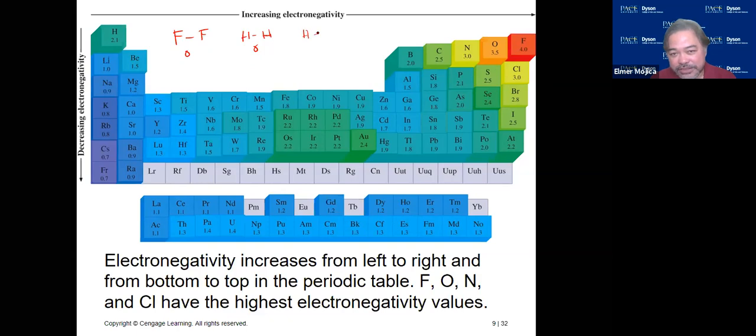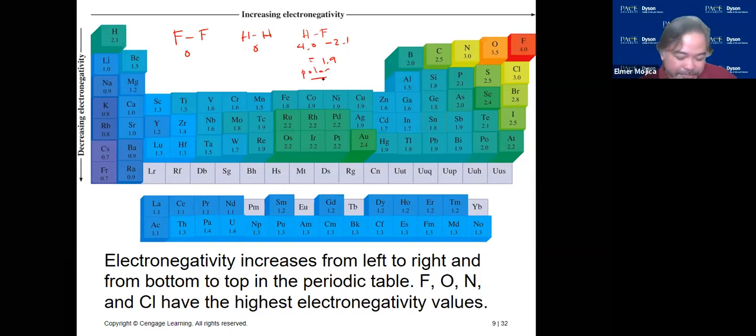But what if you have HF? The electronegativity difference is 4.0 minus 2.1, which is 1.9. If you have a value for the electronegativity difference, that means your bond is polar.